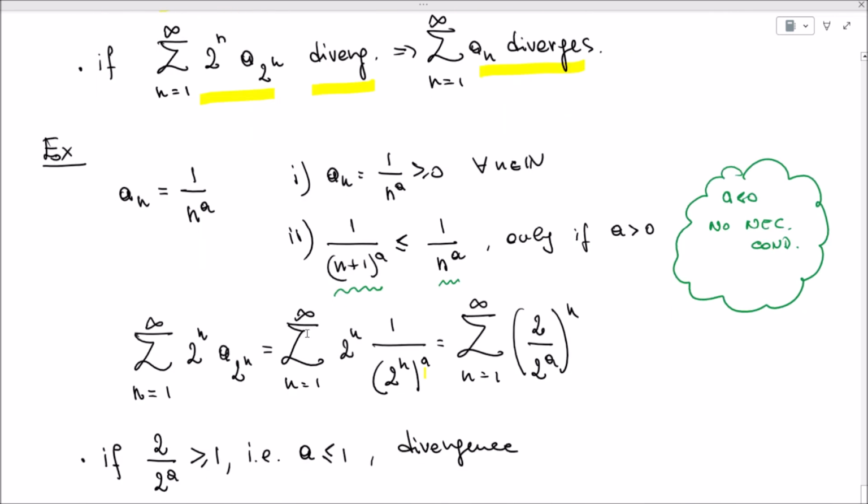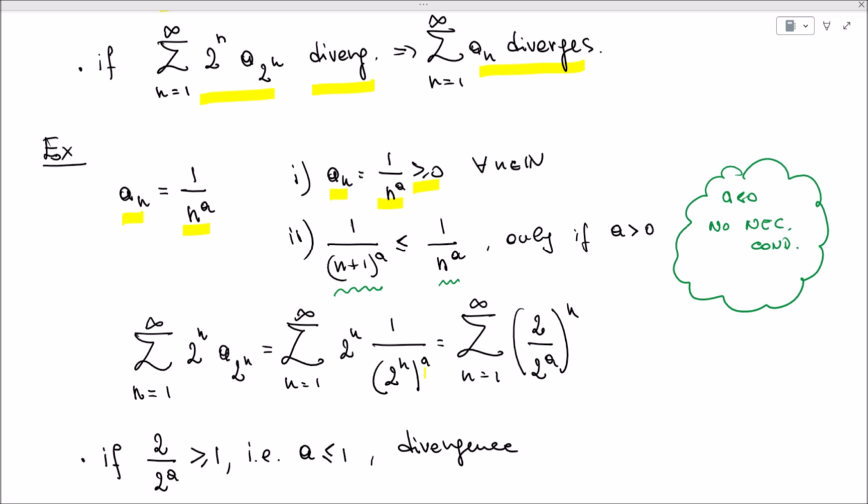So remember that in the generalized harmonic series we have a_n equal to 1 over n to the a, for some real number a. Okay? Now, let me check that the conditions for the applicability of Cauchy's condensation are satisfied. First, we need to check that a_n, which is 1 over n to the a, is larger than or equal to 0.